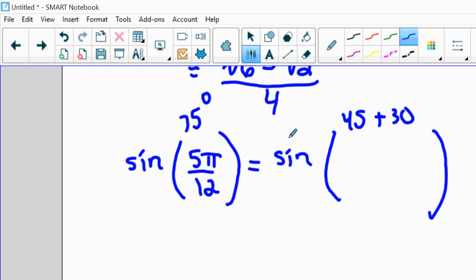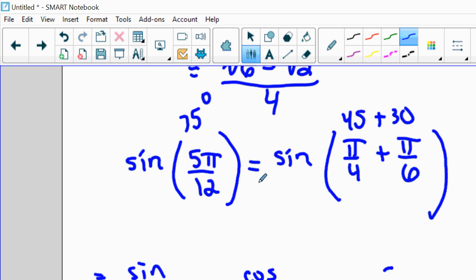But you should at least make me feel good and use the radian versions, just so we get used to it. Now, sine, when you add angles, is sin cos, alpha beta, beta alpha with plus.